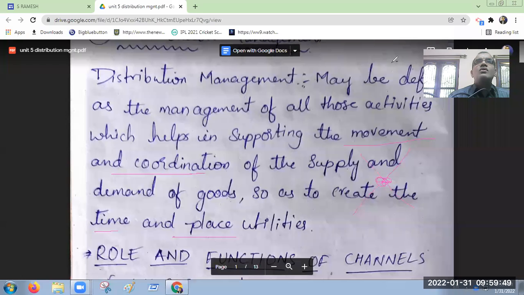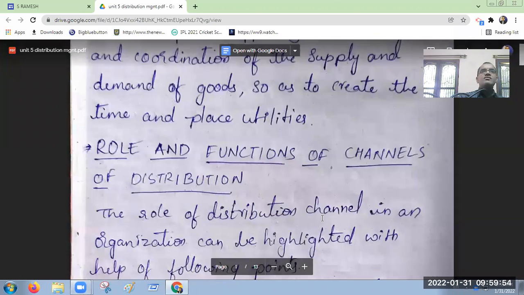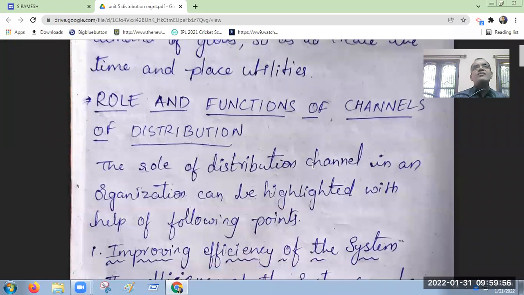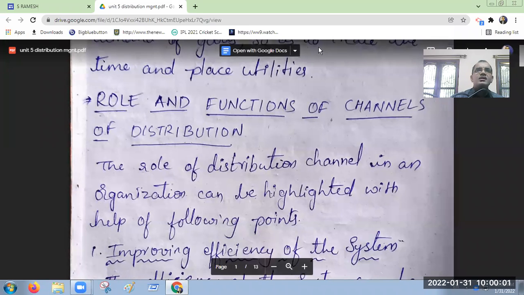In the previous class itself, I started the role and functions of channels of distribution also. Different channels will be there. I explained directly: producer can directly sell to customer; producer with the help of agent can sell to customer; producer, agent and wholesaler, then customer; producer, agent, wholesaler, retailer and customer; producer, retailer, customer.